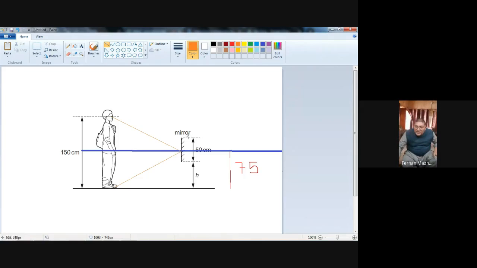If you move this mirror down, if this top corner comes here, even then the boy will be able to see them. Okay. When you make the top of the mirror here, the mirror is 50 centimeters.